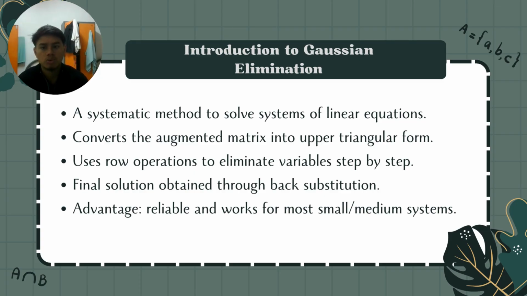Second, we use row operation to eliminate variables below the pivot. Finally, once the matrix is triangular, we apply back substitution to solve for each variable. This method is systematic, reliable, and widely used in solving small to medium-sized systems.